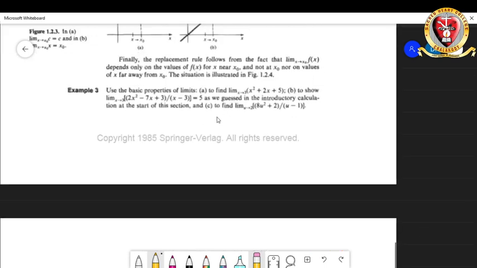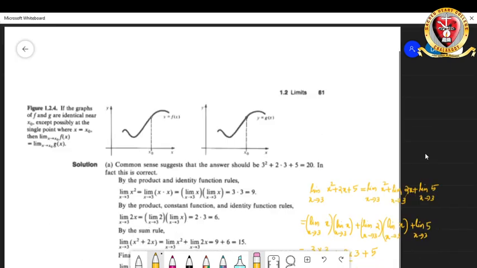So what's the third question? Find limit u tends to 2, 8u squared plus 2 divided by u minus 1.